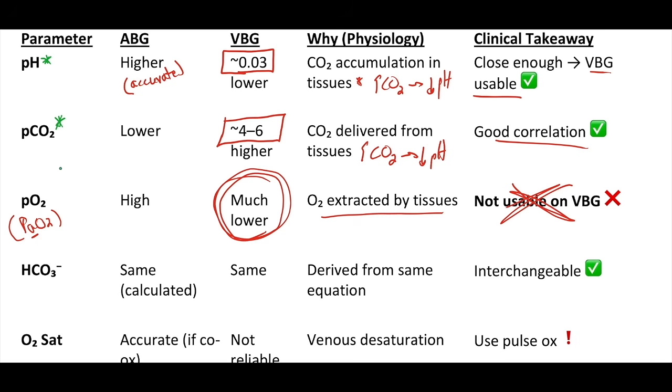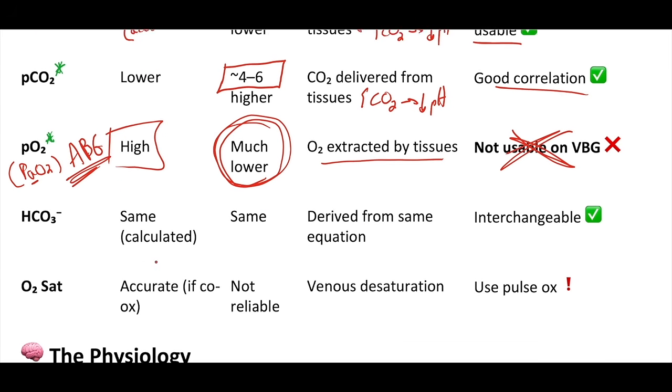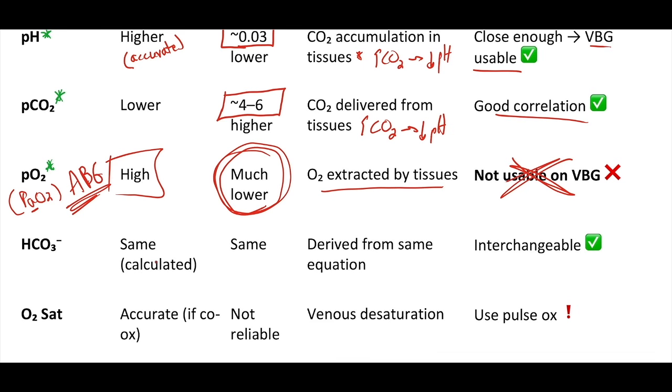So the first two, the pH and the PCO2, venous blood gases tend to be an okay surrogate, but the PaO2, you have to get an arterial blood gas. All right, so this is all ABG. You cannot get a VBG to estimate it. And then the other ones in this chart are the bicarbonate and the O2 sat. Remember, these are calculated values.